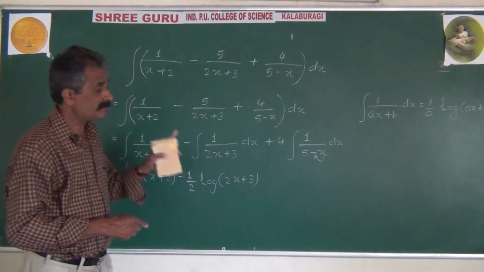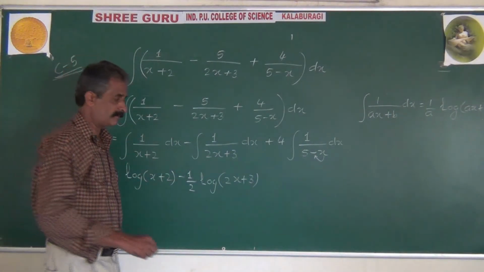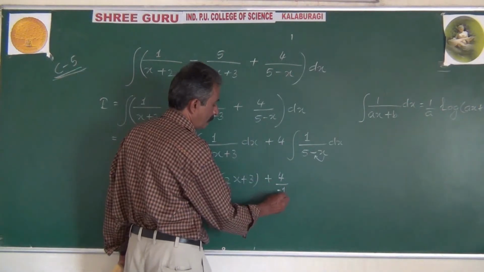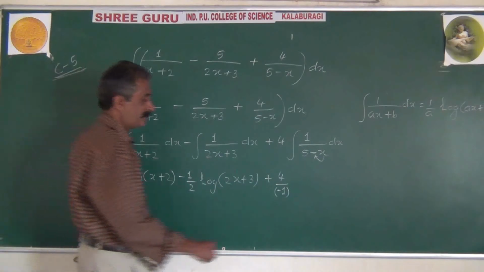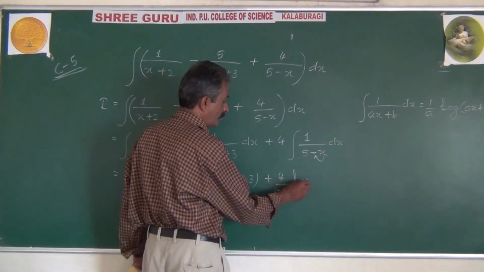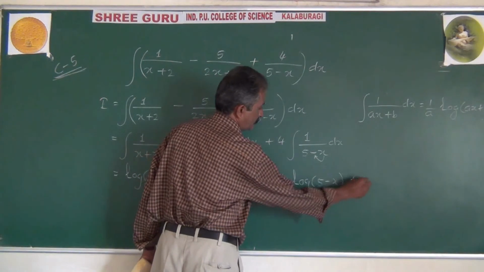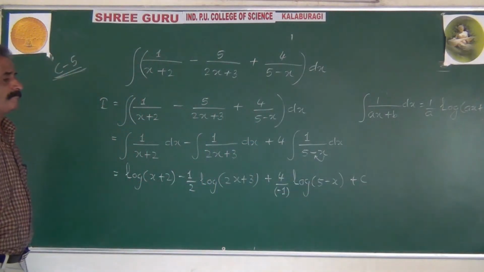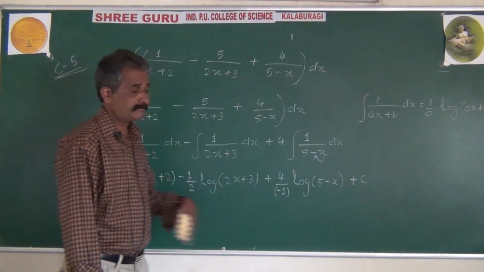So your answer is log of 5 minus x divided by minus 1. 4 by minus 1 is a very important step, into log of 5 minus x plus constant. Or you can write, lastly, 4 by minus 1 as minus 4.